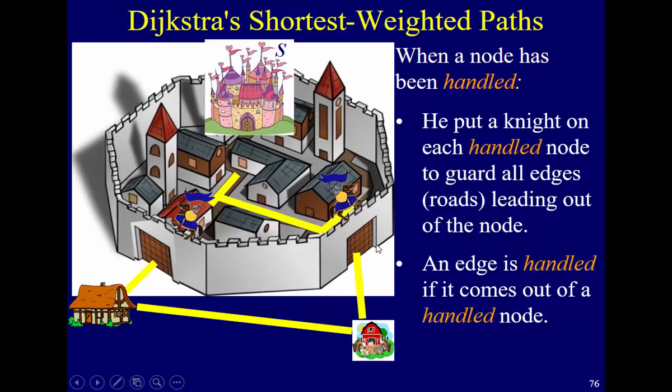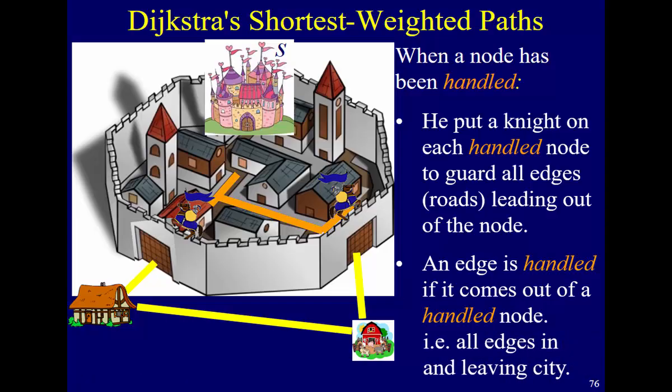So an edge is handled if it comes out of a handled node. I said that already, right? All the edges in the city then are going to be handled. And these edges that are leaving the city are handled, right? Why? Because this node here is handled, so all its edges are handled.